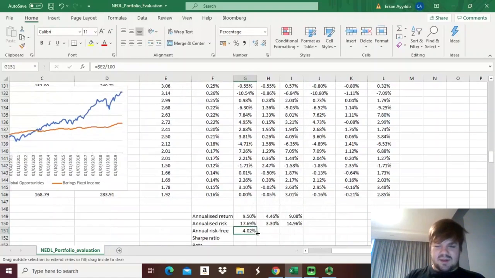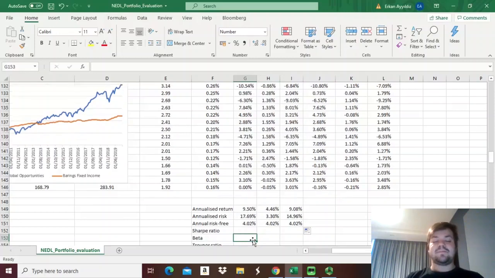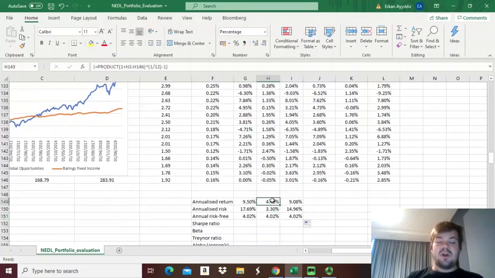So someone who would have done that would get 4.02% per annum. So somewhat lower than what Bob made, a lot lower than Alice has made, and still lower than what the market delivered.